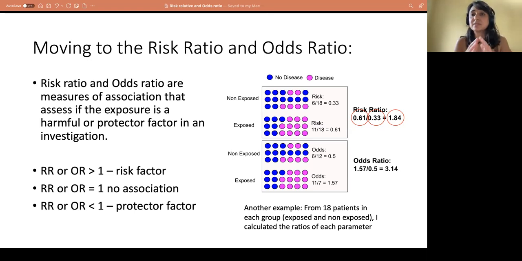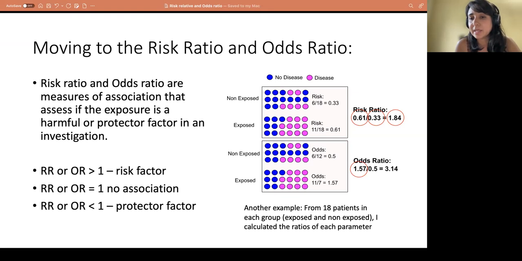The numerator is the same, the number of patients that developed the disease, but in the denominator, we are not interested anymore in the total population at risk. We want just to describe the number of patients that did not develop the disease in the exposed group, in this case, 7. So the odds in the exposed group is 1.53.